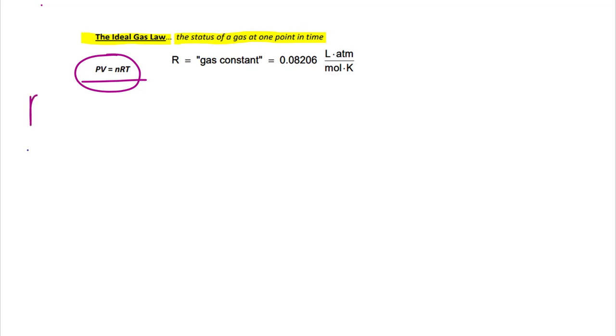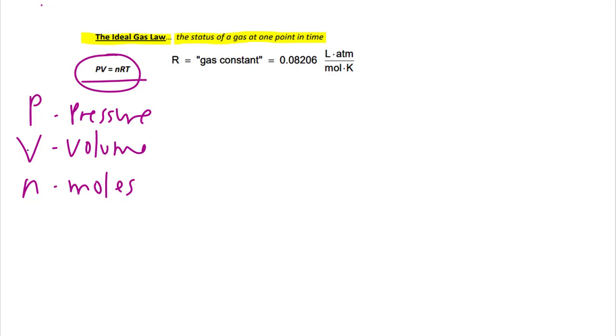So P stands for pressure, V stands for volume, n stands for moles, and T should look familiar, that's temperature. And then we have this new letter R, and R right here is called our gas constant.